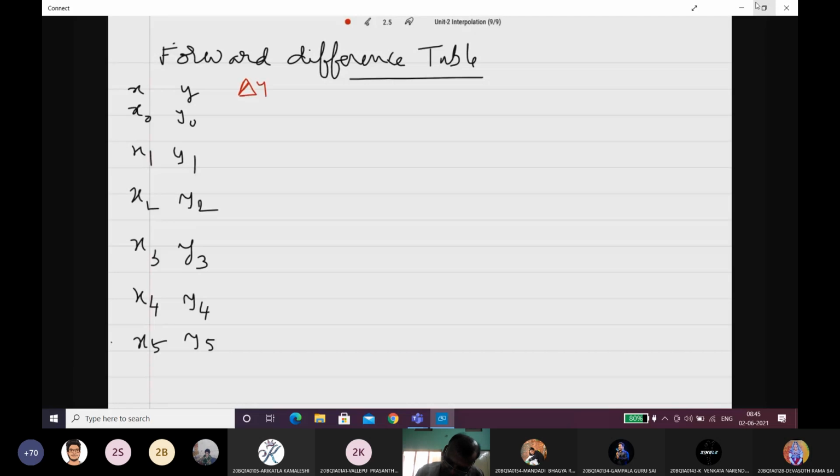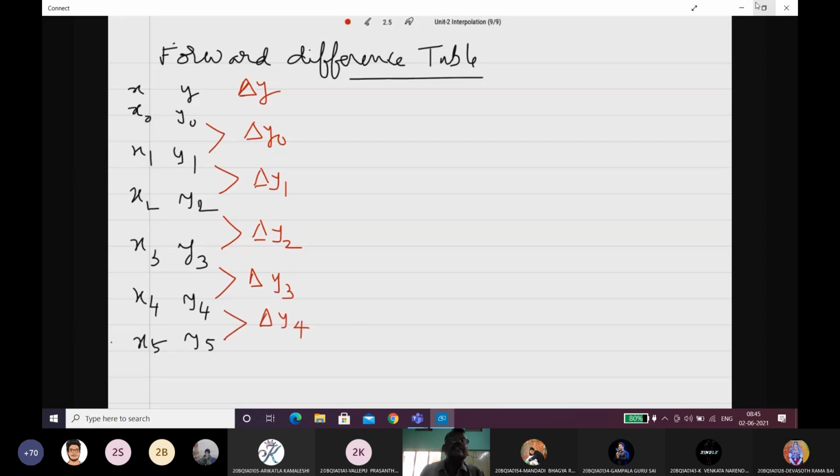This is first forward: delta y0, delta y1, delta y2, delta y3, delta y5. This is first forward.